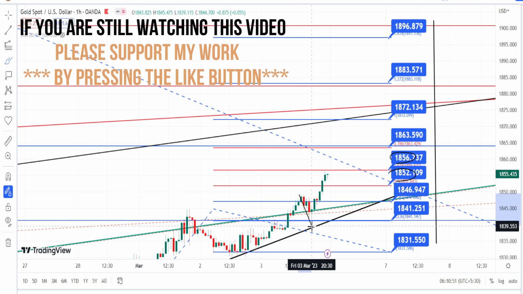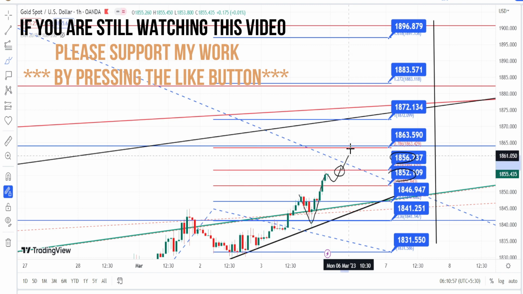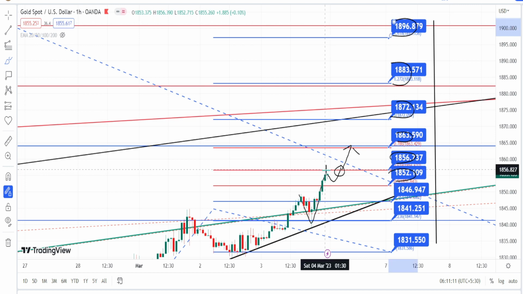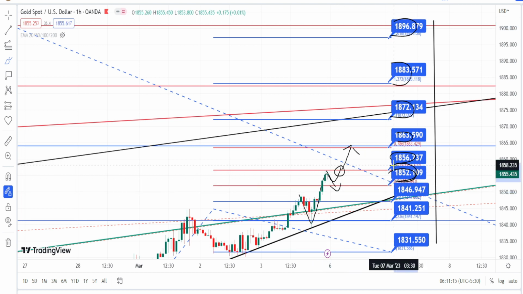And current trend of the price action is in the bullish trend. Once the price action breaks the resistance level of 1856, next level of resistance is going to be around 1863, 1872, 1883 and 1896.